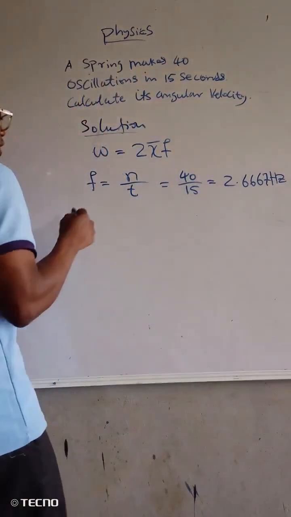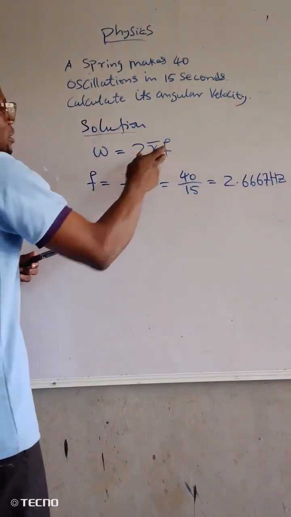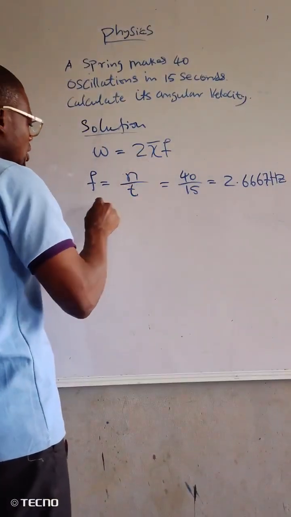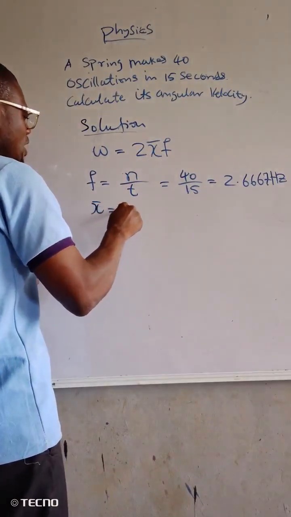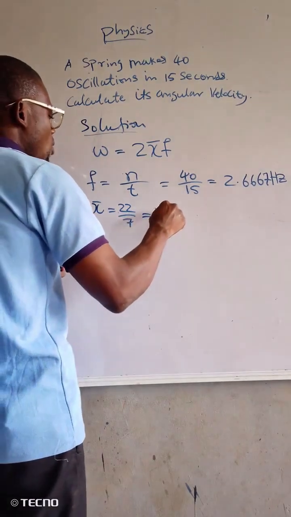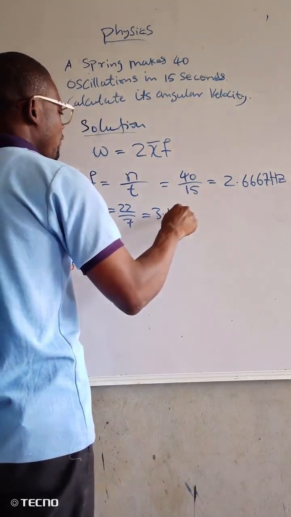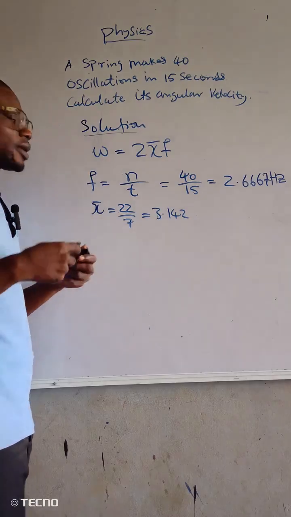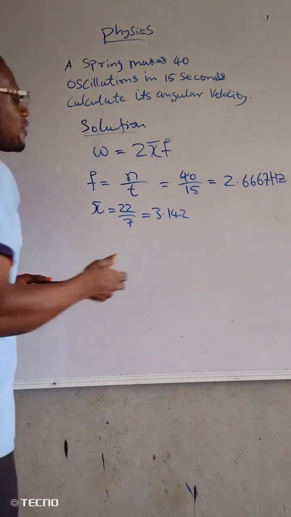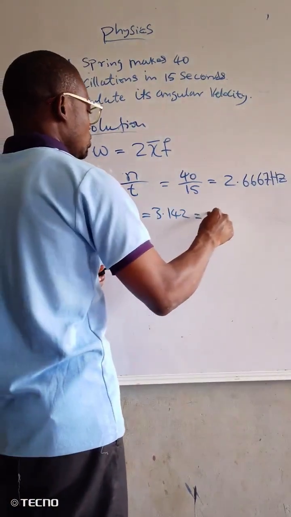Now the next thing to do is to apply this. The value of pi has been given to us. Pi is actually 22 over 7, which is approximately 3.142 or thereabout, but in this question, you were given pi to be 3.14.